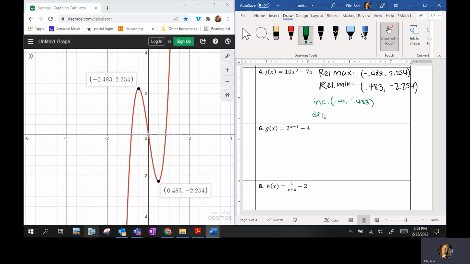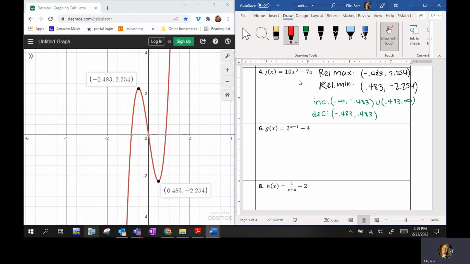And then the graph changes to decreasing from that negative 0.483 until we get to this minimum, which the x value is the positive 0.483. And then the graph turns again and is increasing again. So I go back up here and I put a union, and then it's increasing from positive 0.483 forever, so to infinity.